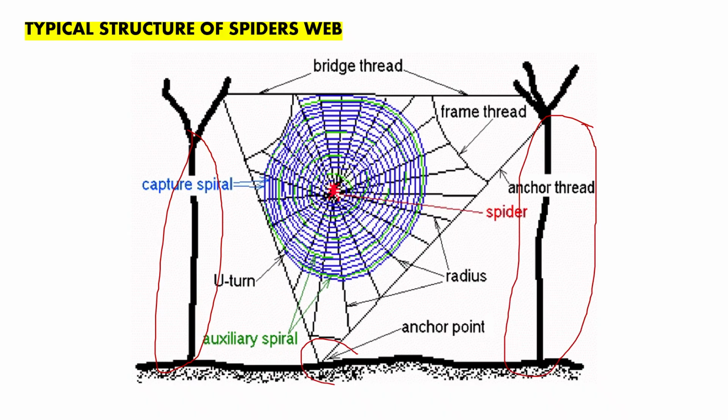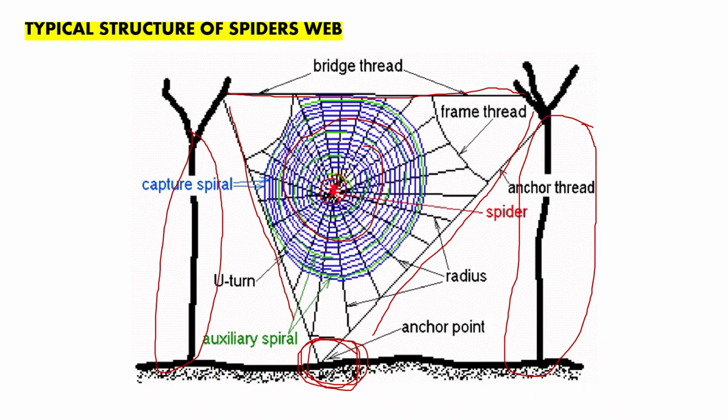Then it considers one anchor point, from which it will begin the construction of its web, and the bridge threads will be formed after that. So first pillars, then bridge thread, then anchor threads on the side, and then the spider will start weaving its web, and inside it, in the center, the spider will be there.